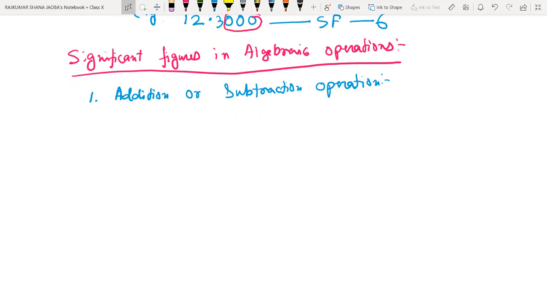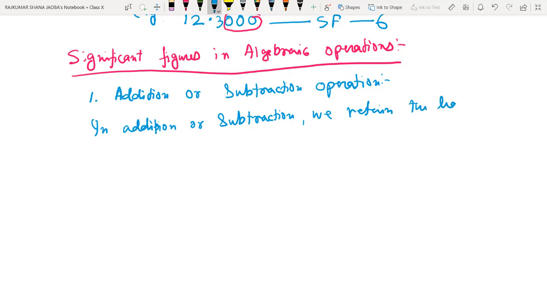For example, in addition or subtraction, we retain the least decimal place.